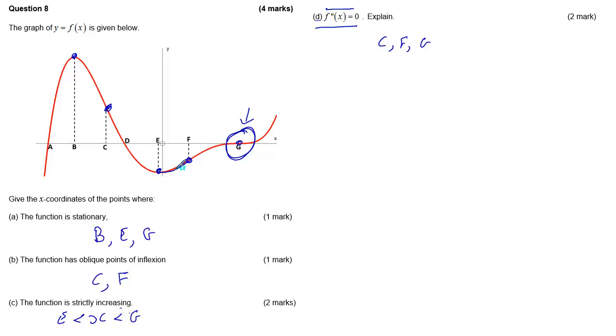But if I go less than G, yep, it's always positive along there. And then the bit I missed just now was when x is greater than G, it seems that this is going to just keep going upwards.